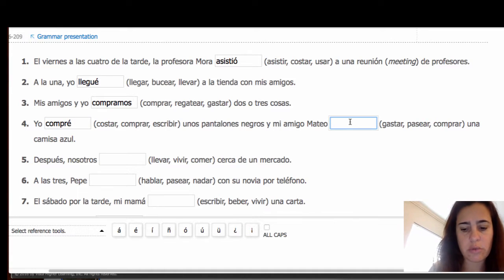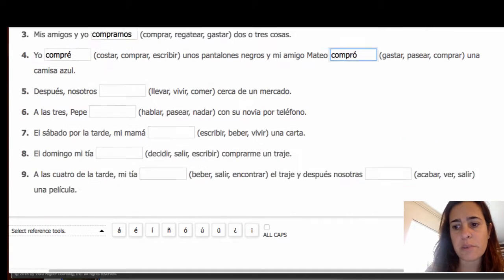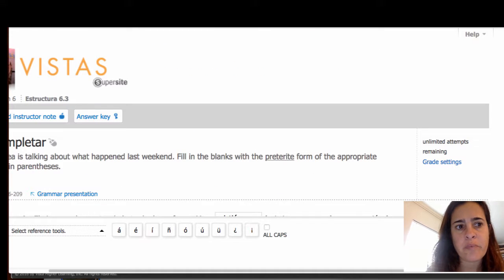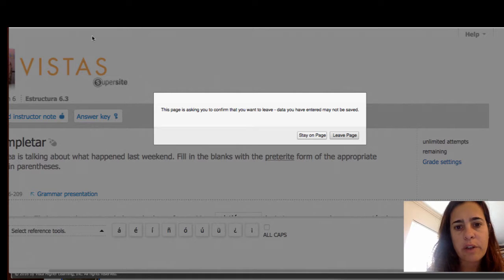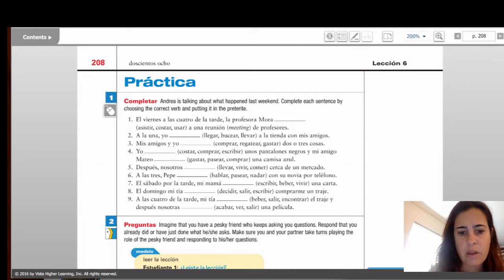Pues compró. So first meaning and then conjugation of the tenses in the right form of the pretérito. This is the clue of this exercise, and I'm not going to complete it because I want you to do it on your own. But with that, hopefully you have some help to do it.